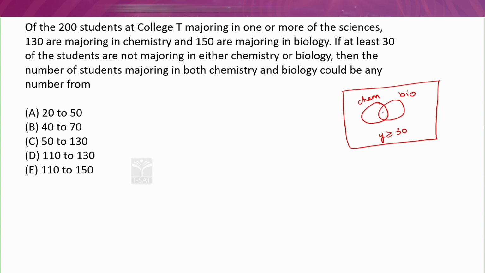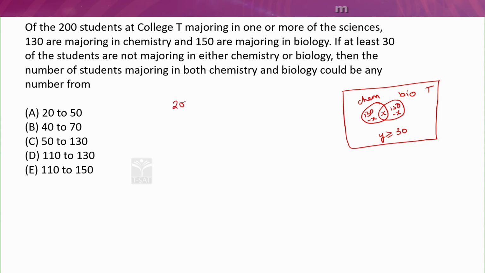Let's say that there are x students majoring in both chemistry and biology. So this area will be 130 minus x, because the total chemistry is 130, and the total biology is 150, so this area will be 150 minus x, and the total number of students is 200.